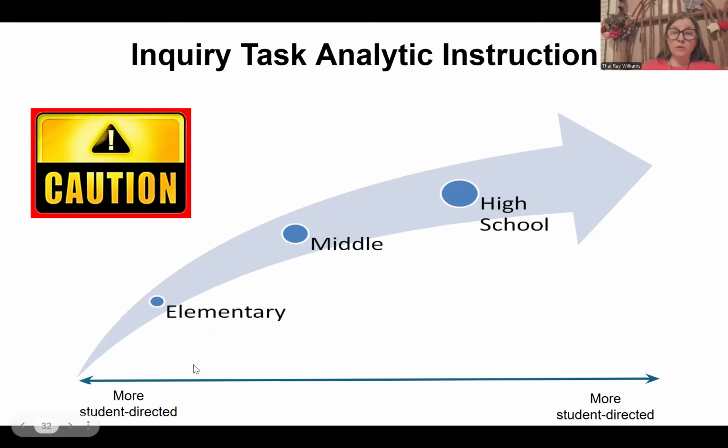And so I want to really push that it is a big flip in the way that you think about instruction, because most often when we're teaching things like math or literacy, that is a more teacher-directed lesson or teacher-directed instruction. So you kind of have to reframe the way you think of teaching when it comes to science, because more often when teaching science, you are in a supportive role.